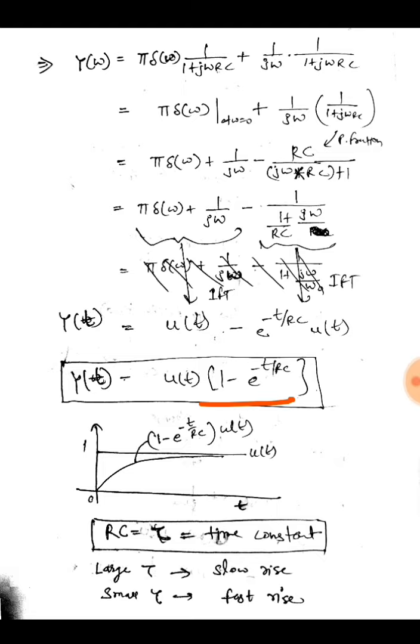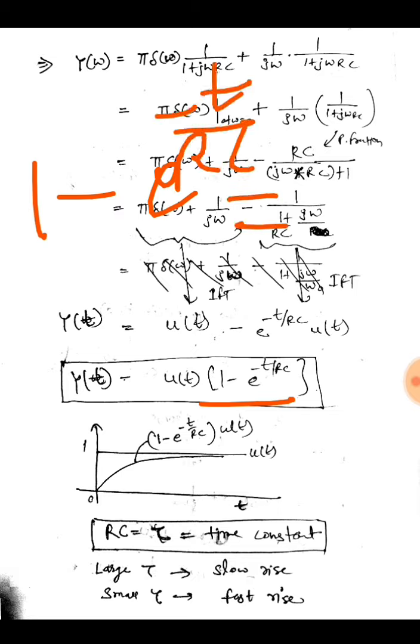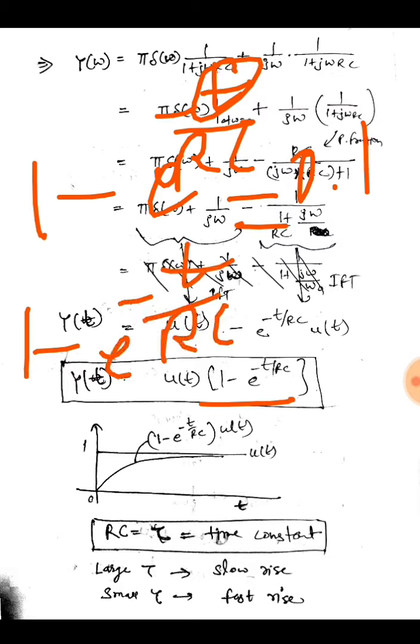R and C are known to us. For 1 minus e raised to power minus t upon RC equal to 0.1, I would get some time, and then for 1 minus e raised to power minus t upon RC equal to 0.9, that is 90% of 1, or the final value, I will get one more time. Say it is t1 and t2.